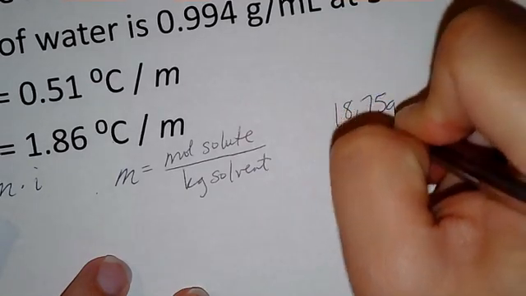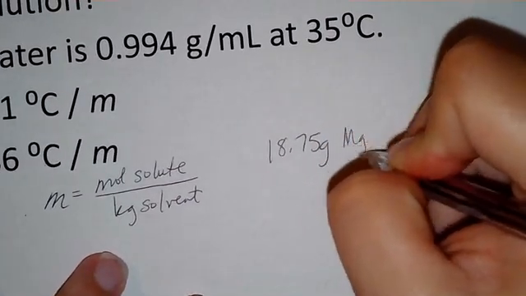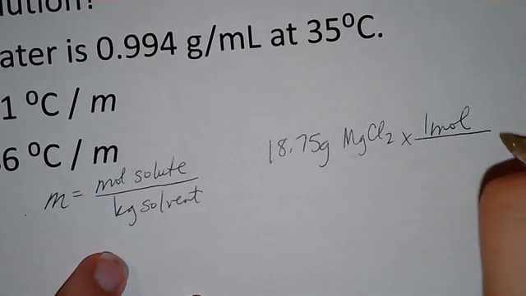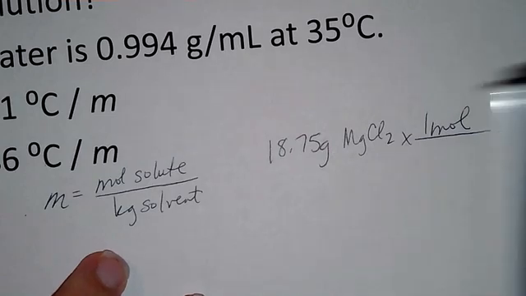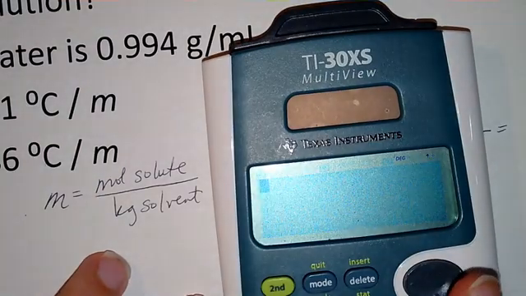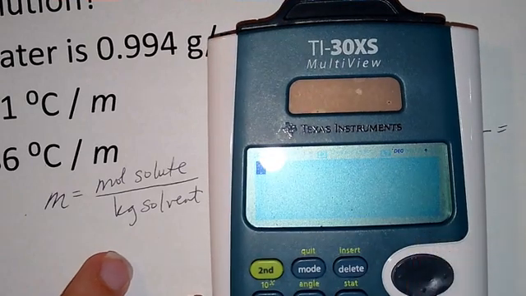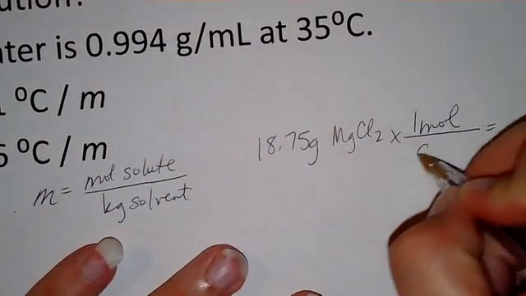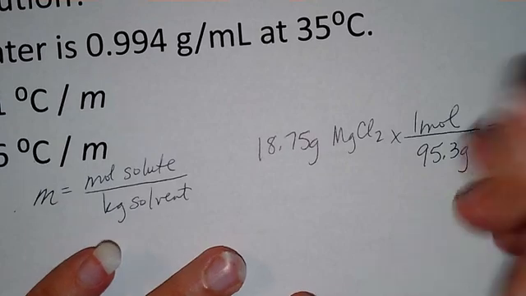So if we look at our molar mass here, we have 24.3 for magnesium plus 71 for the two chlorines, so approximately 95.3 grams per mole. So our 18.75 divided by our value gives us 0.1967 moles.